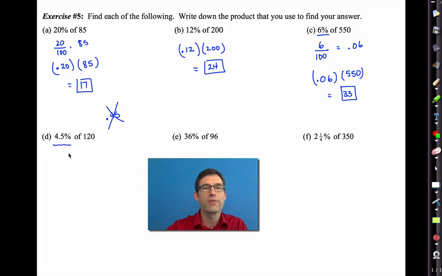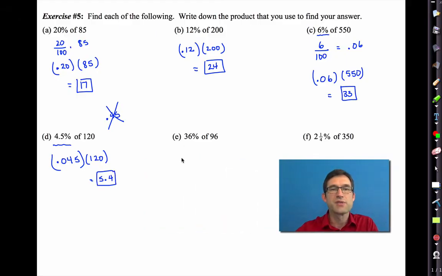In fact, 4.5% is going to be 0.045, right? Times 120, and that gives me a decimal, but I'm okay with that. 5.4. 36% of 96, that's not too bad, right? 0.36 times 96 gives me a messy decimal, 34.56.